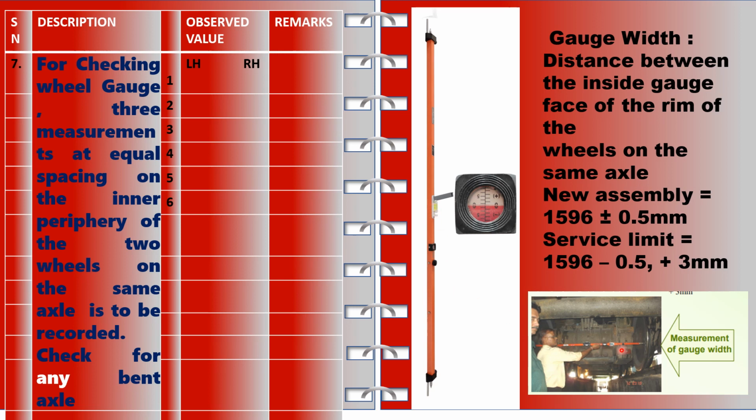And this is the process of measuring the wheel gauge in the pit line. The maximum limit and minimum limits are given as 1596 plus minus 0.5, and the service limit is minus 0.52 plus 3 millimeter.